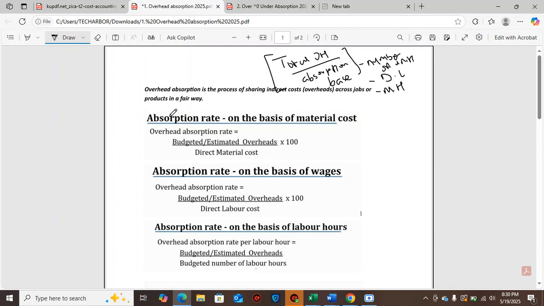Then the other way you can get your absorption rate is if you're basing it on material cost. Just your total overheads over the direct material cost, but you're converting it into a percentage. That's why we're multiplying by 100.